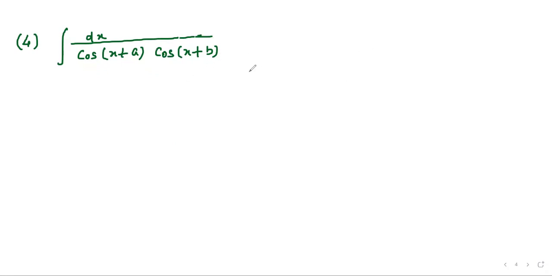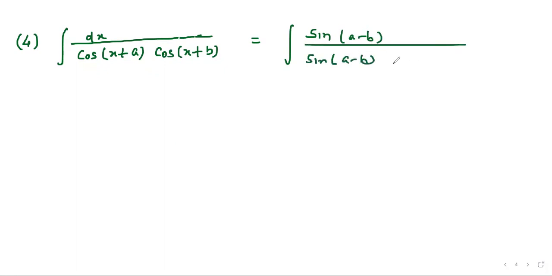So we multiply and divide by sine a minus b, and sine a minus b times cos x plus a cos x plus b times dx. This we can take out. So 1 upon sine a minus b.